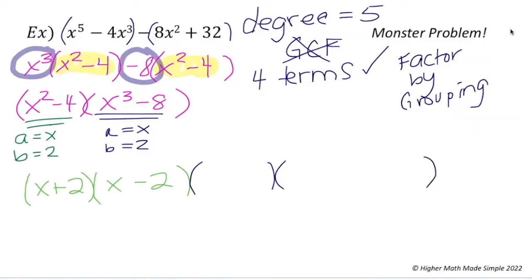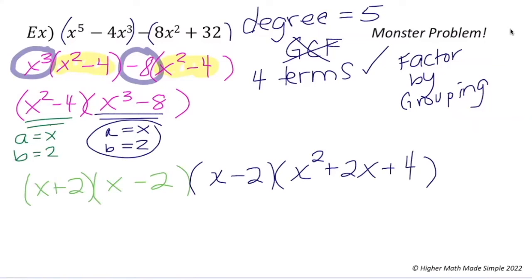So looking at this a and b, it's going to be a minus b, so x minus 2, times the quantity of a squared, which is x squared, plus a times b, x times 2, which is 2x, plus b squared. 2 squared is 4.